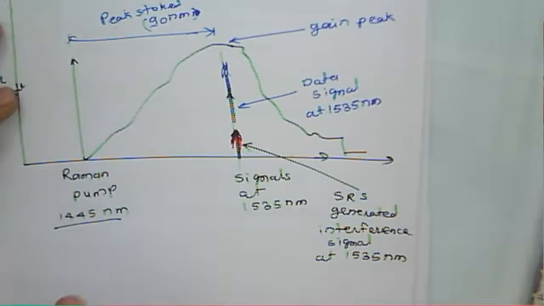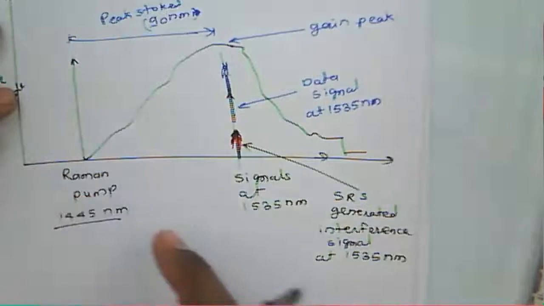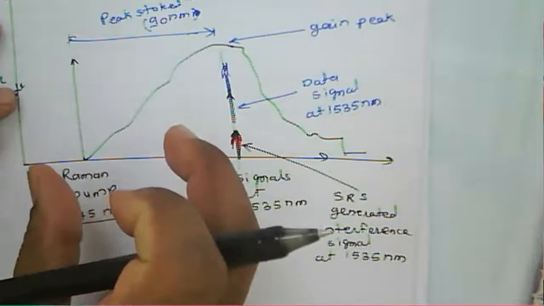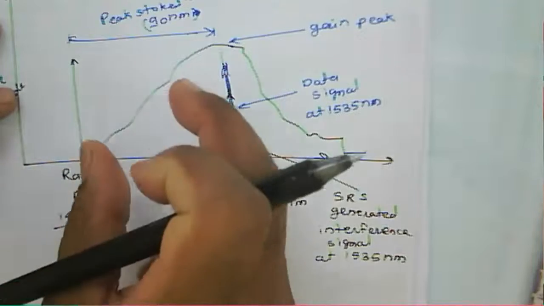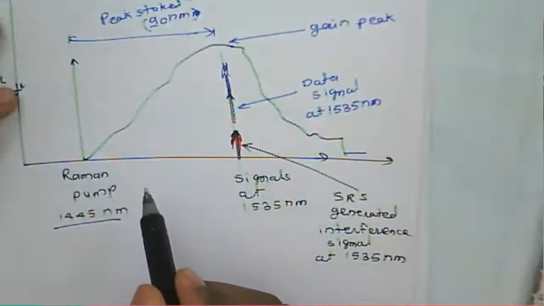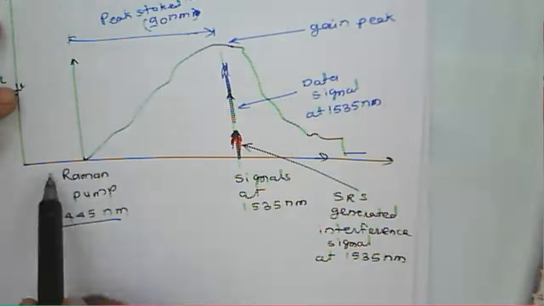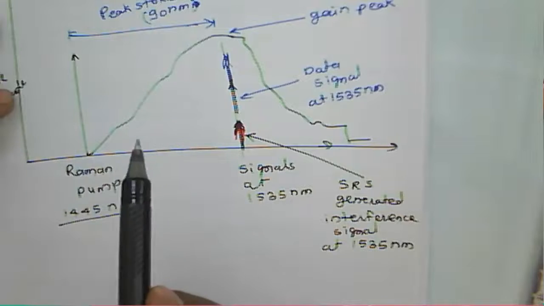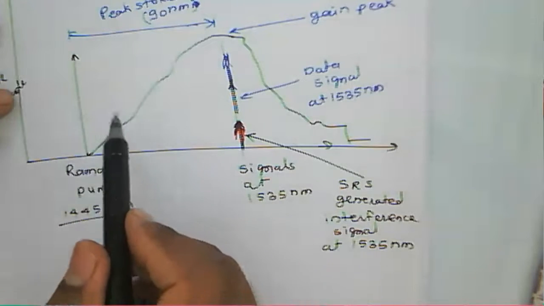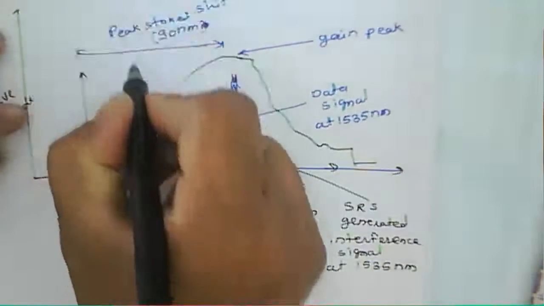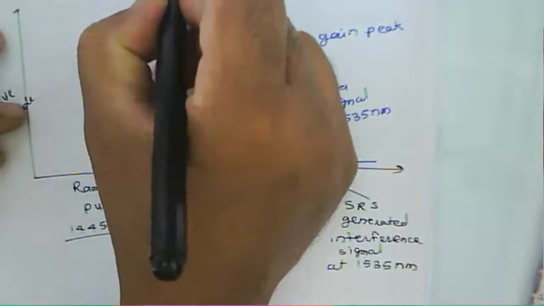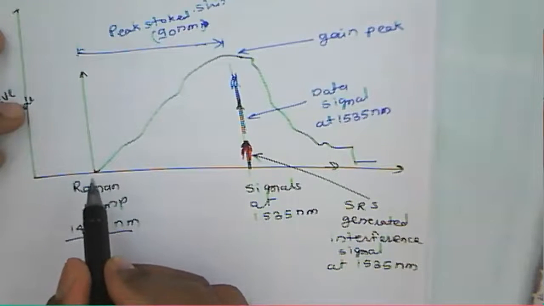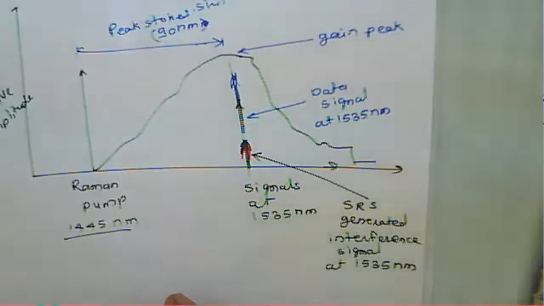Now 1445 nanometer is the pump energy, and there will be a shift. The energy difference between the absorbed photon and the released photon is transformed into a phonon, in the range of 80 to 100 nanometer.